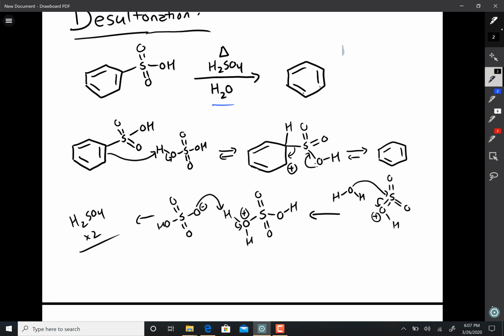You have 2 molecules of sulfuric acid. And this drives the reaction forward because you're generating more acid to do this first step, and you're also absorbing more of this sulfur trioxide, driving the reaction forward, and that's what eventually removes all the sulfonic acid groups.